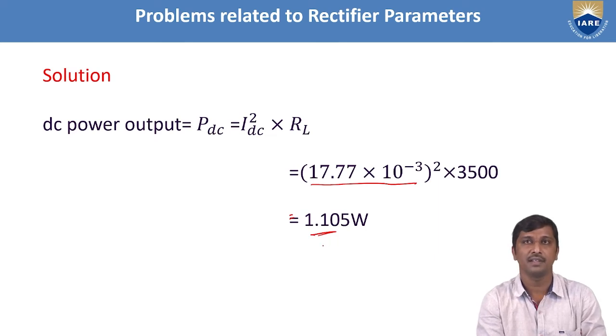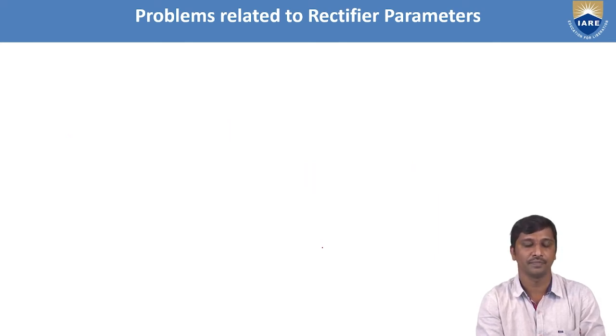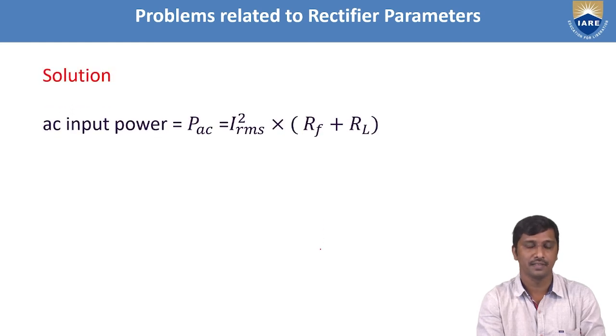Similarly, now we need to calculate the AC input power. We know the relation PAC equals I squared RMS times (RF plus RL).